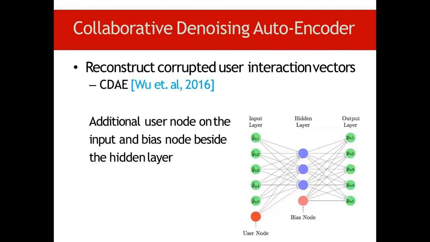So in a denoising autoencoder, you corrupt the input, just adding some small noise so that you will not learn those trivial functions. That's what this paper does. It essentially applies the denoising autoencoder to learn the latent representation of the items or users.